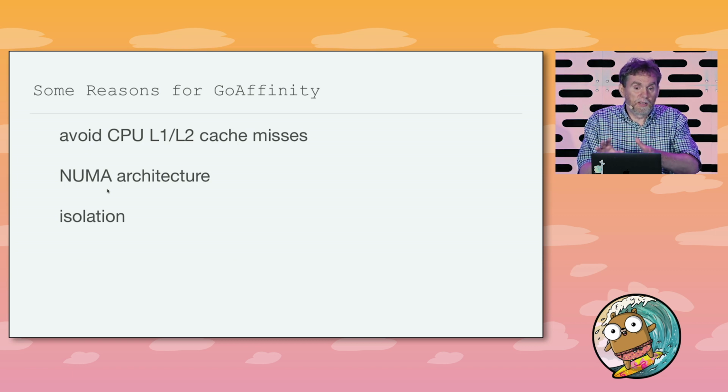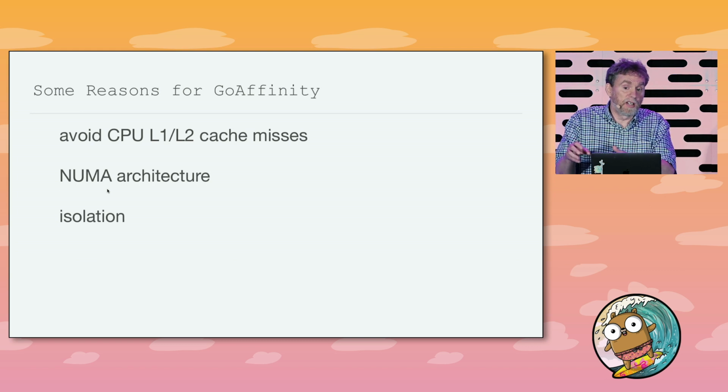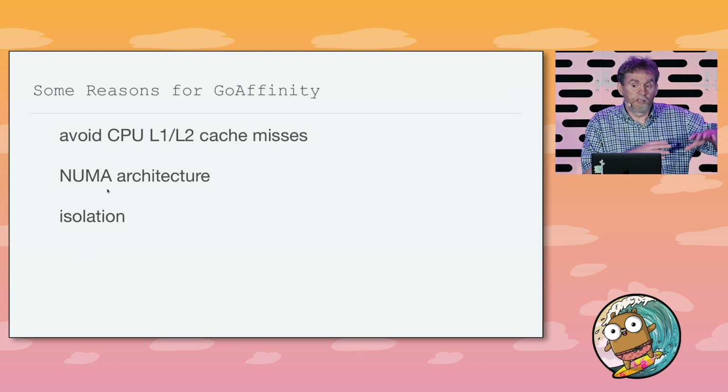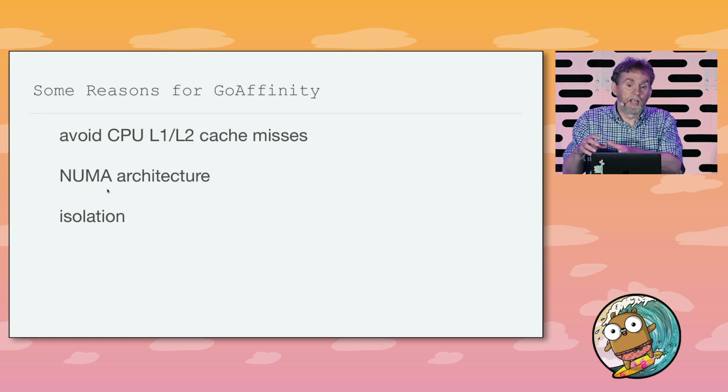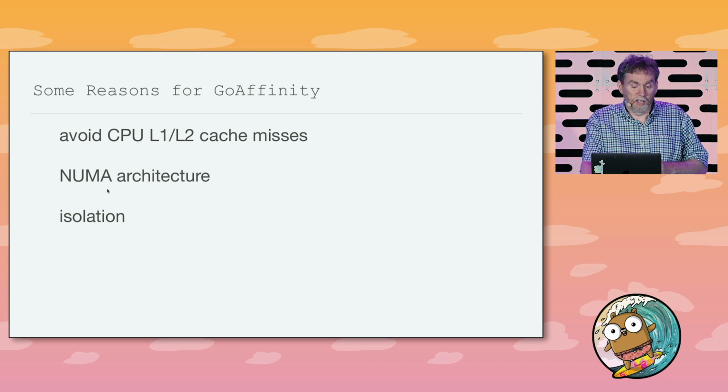We'd like the math stuff to happen somewhere else than the other stuff. It could be that we guarantee with Go Affinity that all the math stuff is going to happen together, and let the other stuff, say, land where it may, but we'll ensure in that way that all the CPU-bound math stuff doesn't leak over to infect what's happening on other CPUs. We can think of that as isolation.